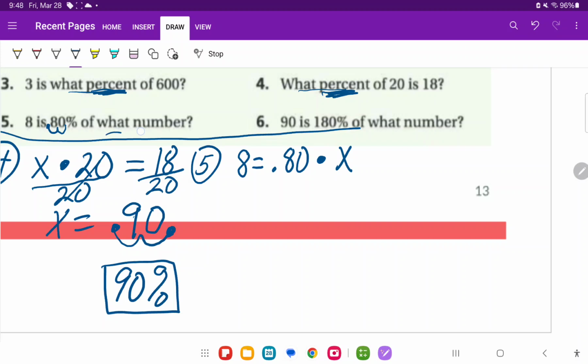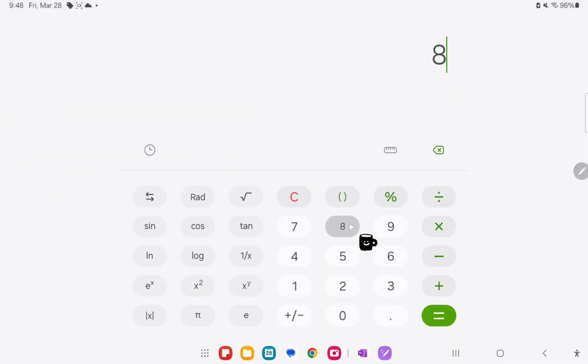So that's where the what is, that's where our x is. All right, so from there, we want to get the x all alone. So that means we divide by the 0.80. Divide by the 0.80. So it's 8 divided by 0.80. So we'll go 8 divided by 0.80.